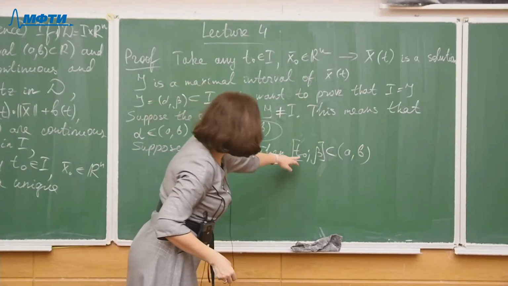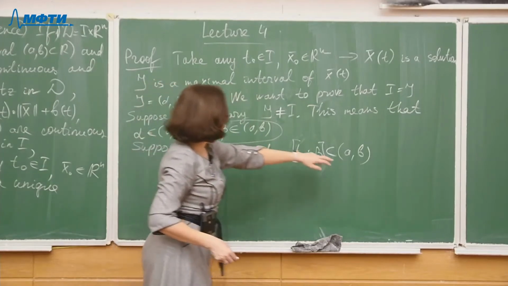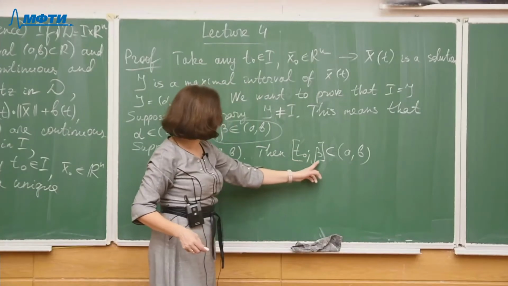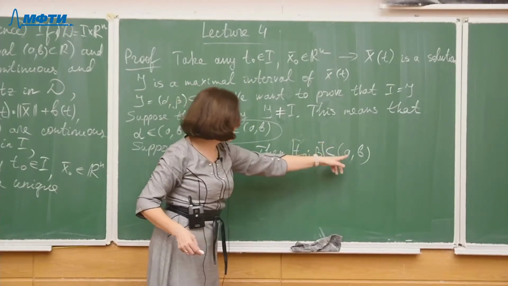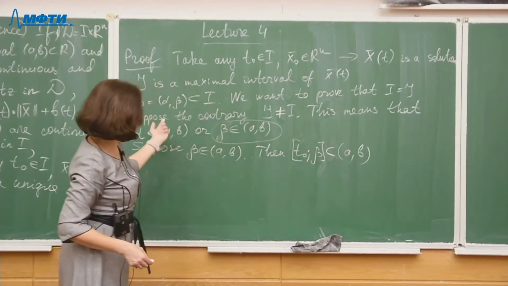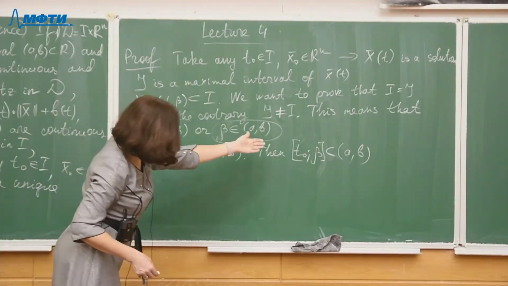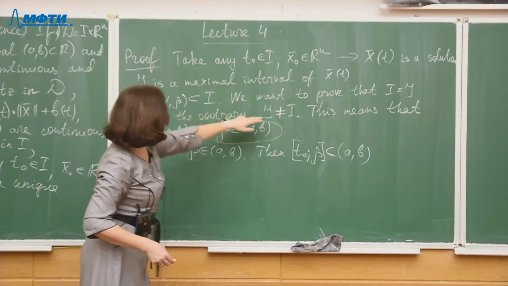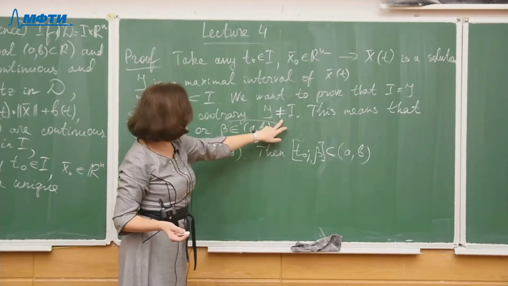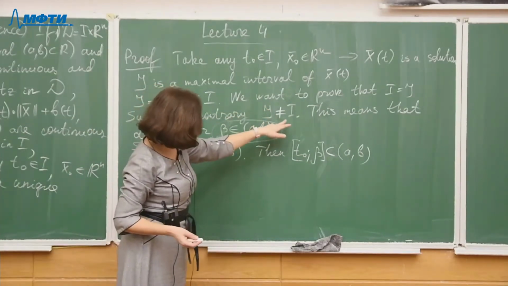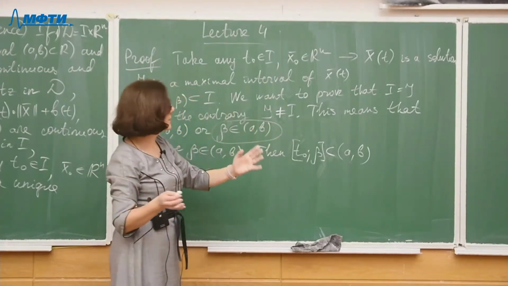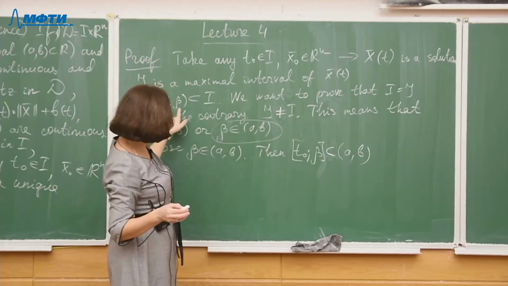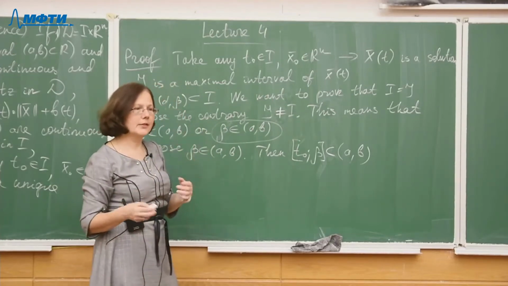So t0 is contained in this interval (a, b), and beta is contained in (a, b) by assumption. And the assumption is that they are not the same. So the interval I is bigger, so I contains (alpha, beta), and this is a proper subset.